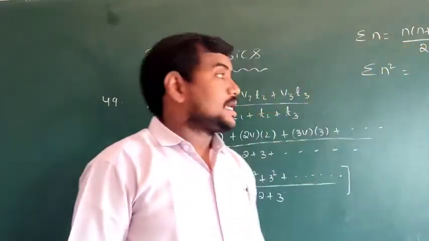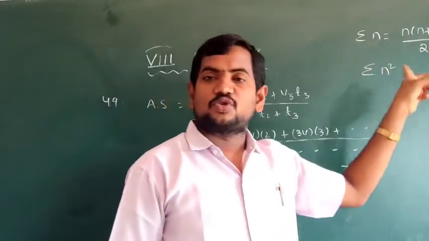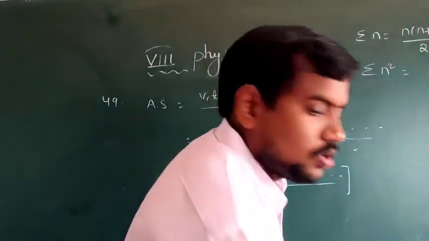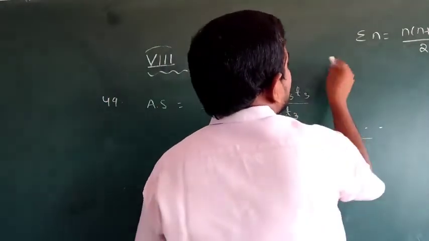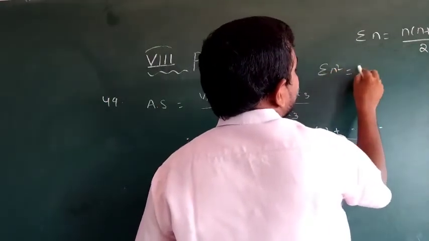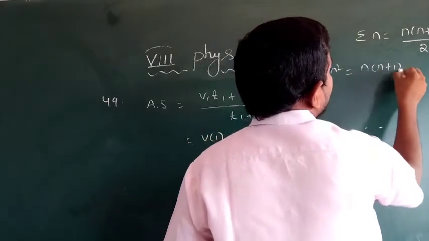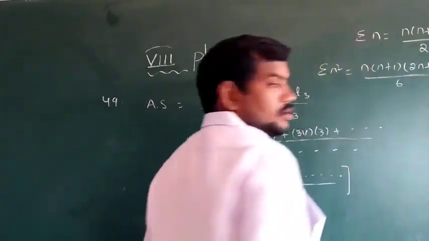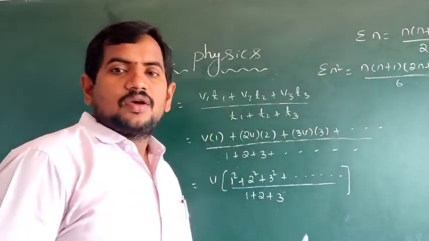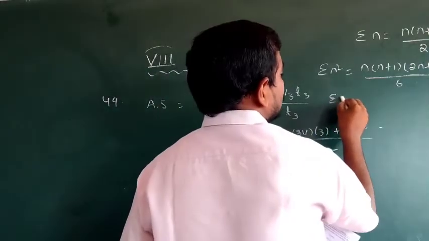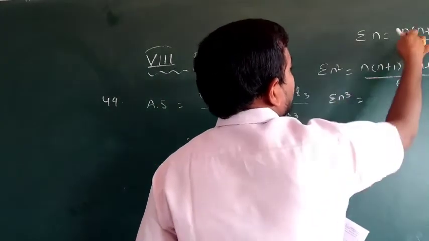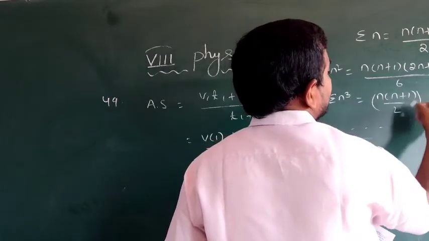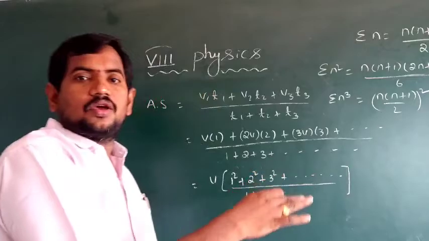Sigma n square means 1 square plus 2 square plus 3 square plus 4 square. The formula for sigma n square is n into n plus 1 into 2n plus 1 by 6. If necessary, we can also use sigma n cube, which is n into n plus 1 by 2 whole square. Using these three, we solve here.